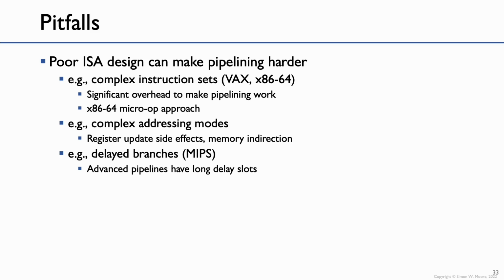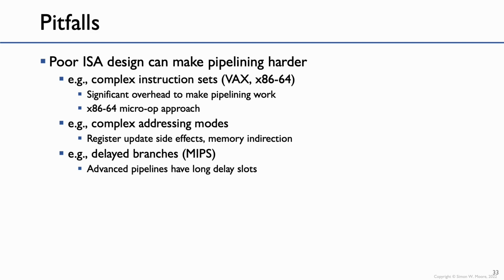It makes it very difficult to make pipelining work efficiently, and in fact Intel and AMD use what is called a micro-op approach. They basically have a whole lot of decoding that breaks these complex instructions into simpler micro-ops to be issued down the pipeline. And the irony is these micro-ops look a lot like RISC instructions.